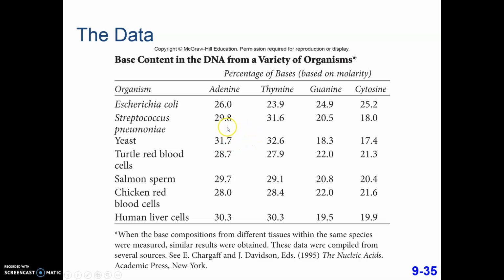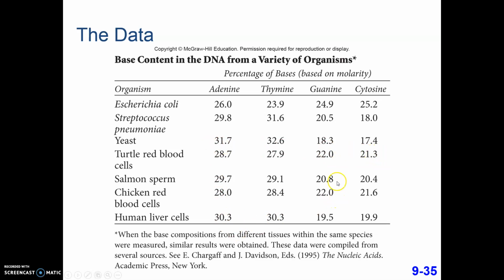Here we have more like 32% A's and T's and 18% G's and C's. If we take a look at turtles, we get about 30%, or more like 28% here and 28% here, but then only 22% over here and over here.